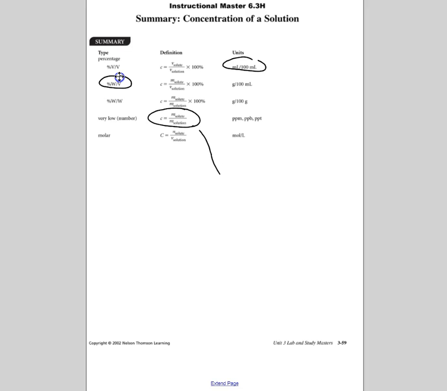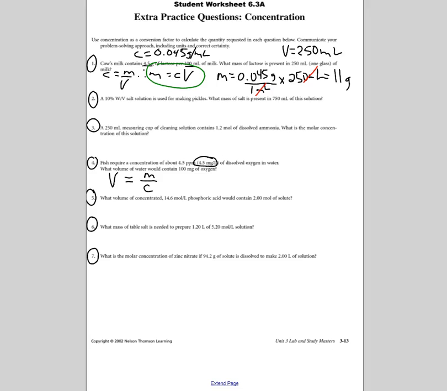So we may want to make use of this relationship here, where if we wanted to solve for volume, it would be mass divided by concentration. And we need to work with, back here, the mass being 100 milligrams. And how many times does 4.5 go into 100?